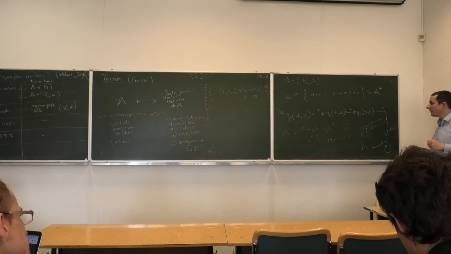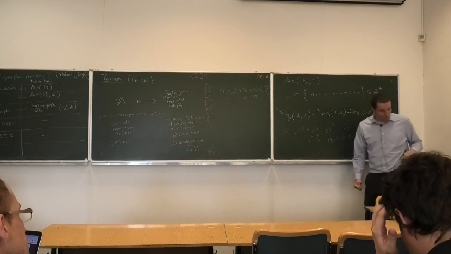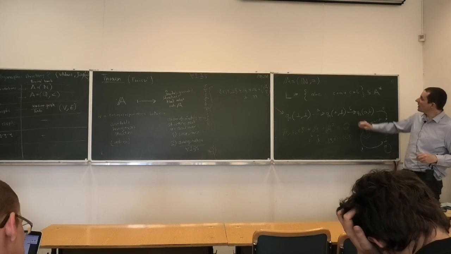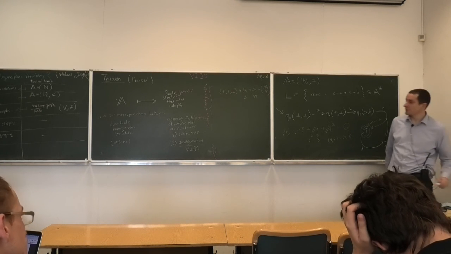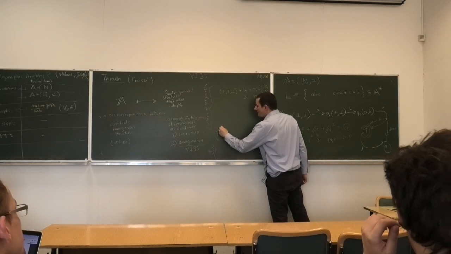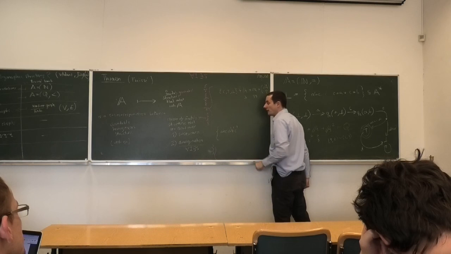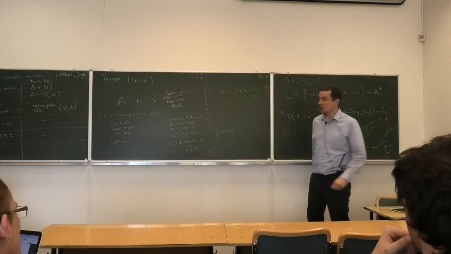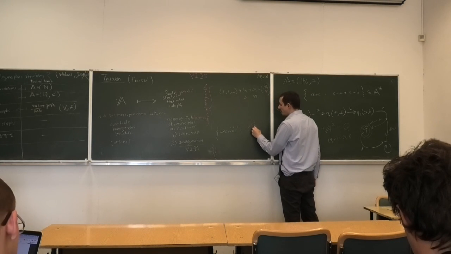And I wanted to say maybe 2 more things and then we'll finish. You can come up with even fancier examples. So try to think about this one. A, B, C, A prime, B prime, C prime, such that, I draw it like a picture.